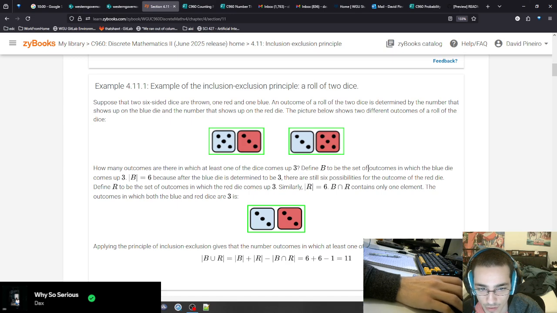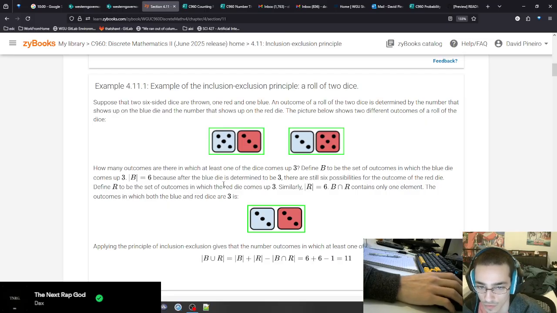Okay, B is the set of outcomes in which the blue dice is 3, which is 6, because after the blue dice is 3, there are still 6 possibilities for the red dice to be whatever. And then R is the same thing for red, and their intersection contains 1 element.